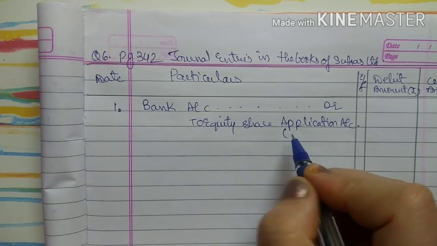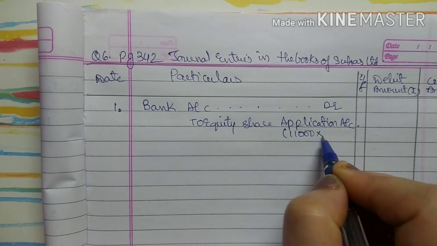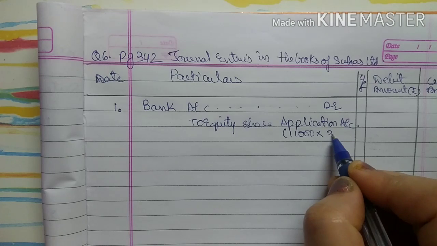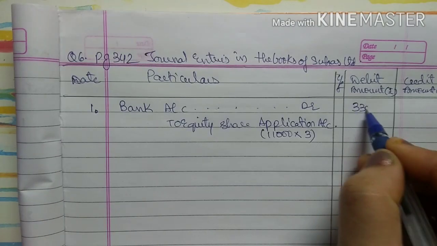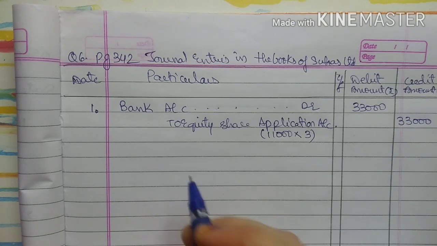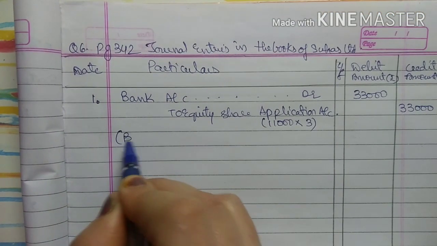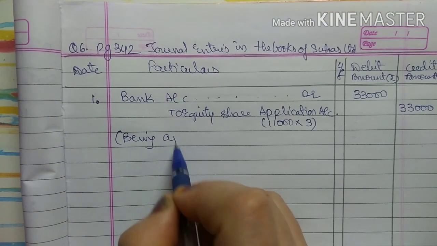So 11,000 shares were applied for and per share application amount was 3. So 11,000 into 3 is what? 33,000.